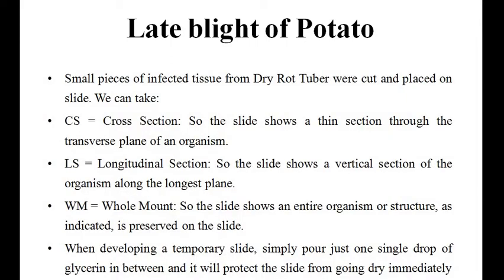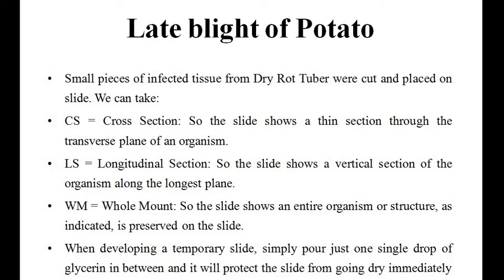Now we'll explain the procedure of temporary slide preparation. Here, small pieces of infected tissue from dry rot tuber were cut and placed on slide. We can take cross section, longitudinal section or whole mount.